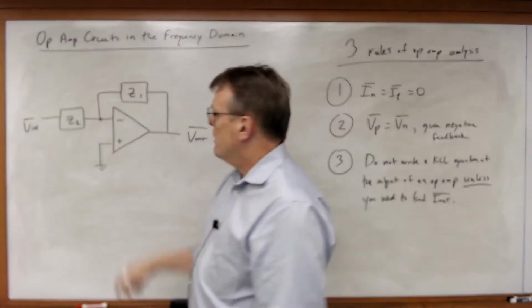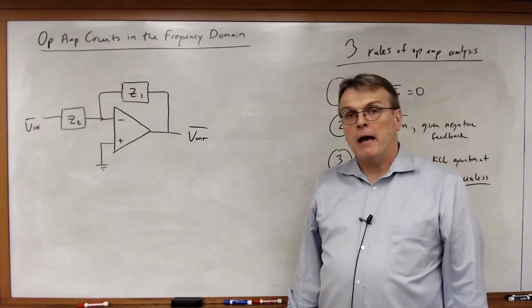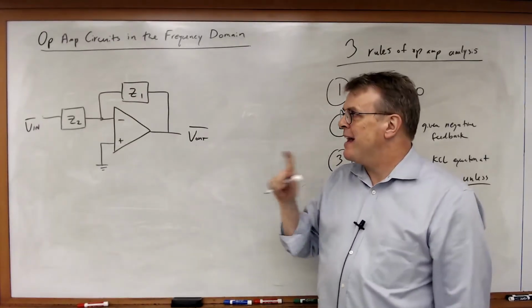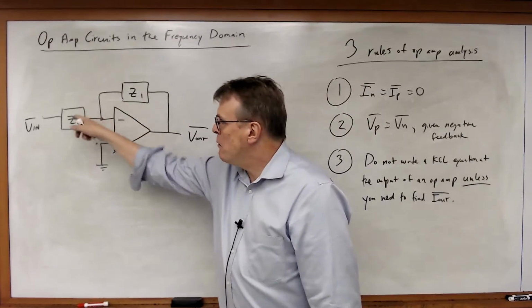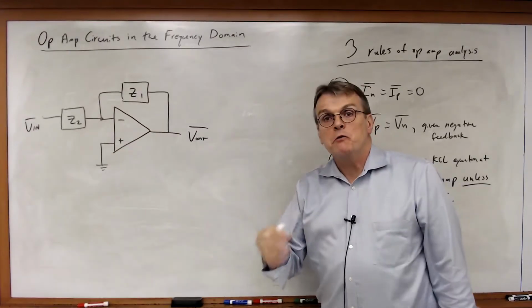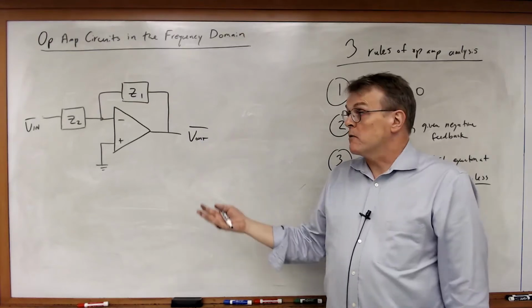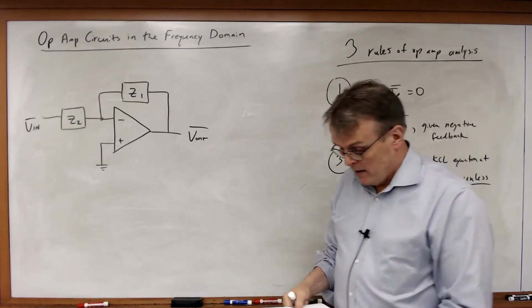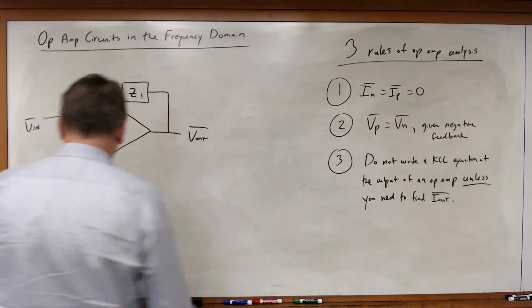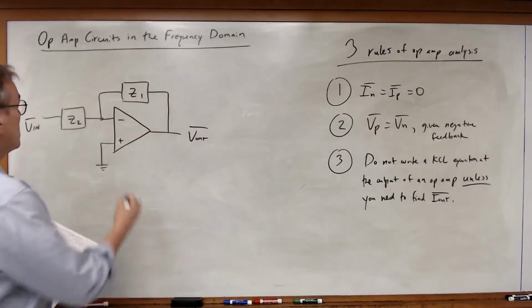And what I've got here is nothing more than an inverting amplifier configuration, except now I don't have resistors here. Now I've got Z1 and Z2, two generalized impedances, which could be resistance, inductance, capacitance, or some mixture of the three. So in this case, I can now go through and apply the three rules.